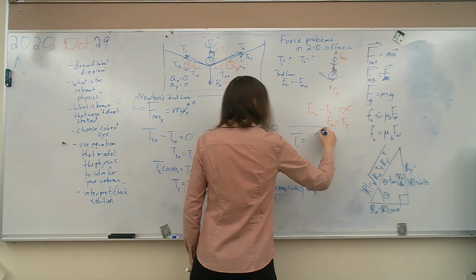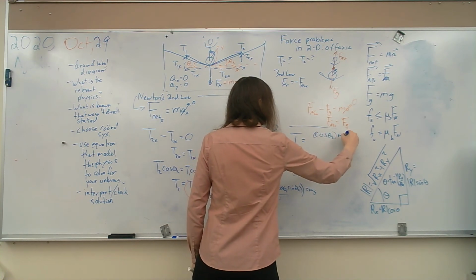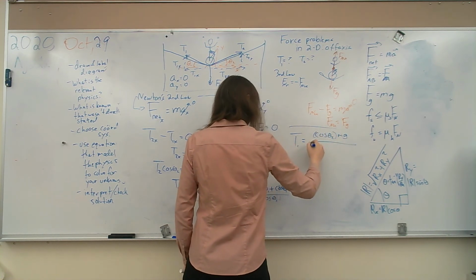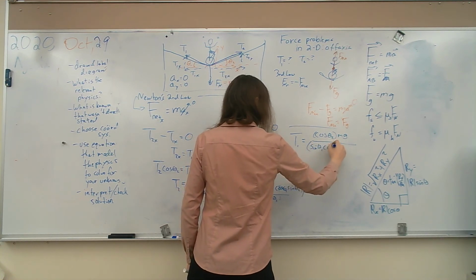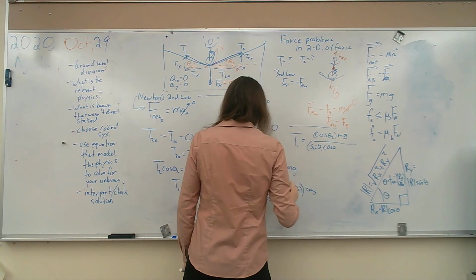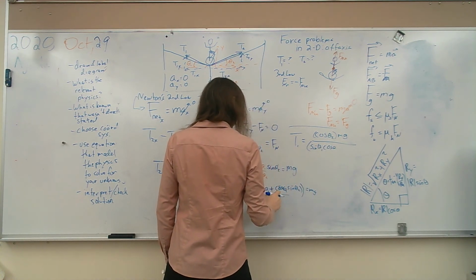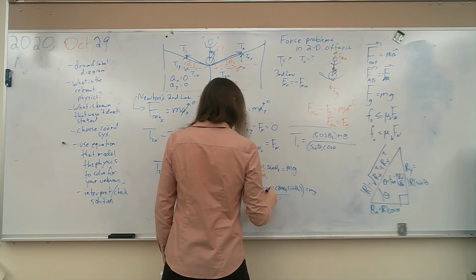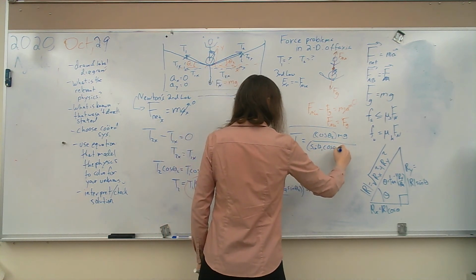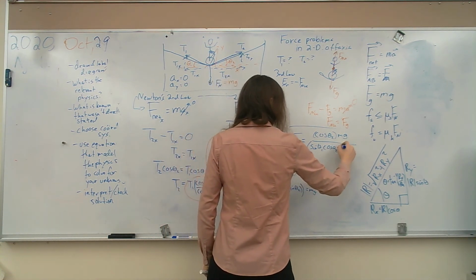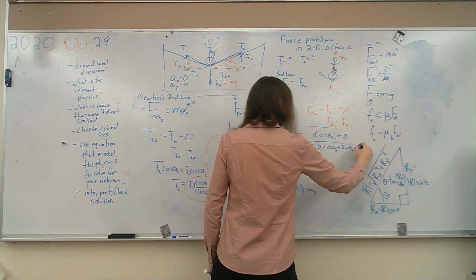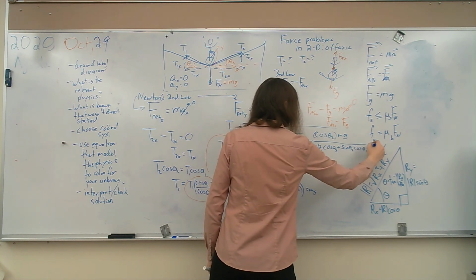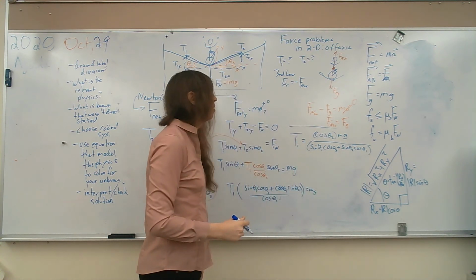And then you get this giant beast of an equation: T1 equals cos theta 2 mg over sine theta 1 cos theta 2 plus sine theta 2 cos theta 1 in the denominator.